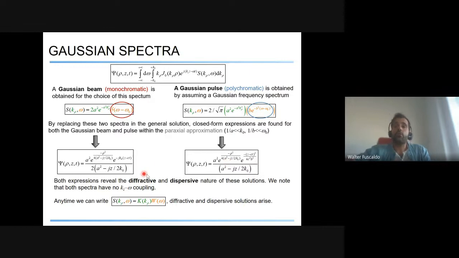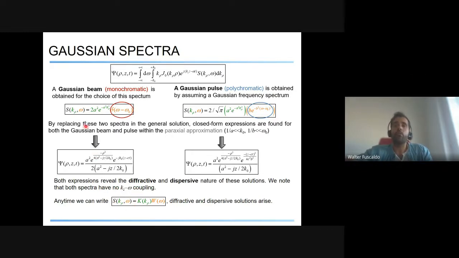Both expressions reveal that these beams and these pulses are diffractive and dispersive. And the reason why these solutions are both diffractive and dispersive is because there is no coupling between the longitudinal wave number and the frequency.